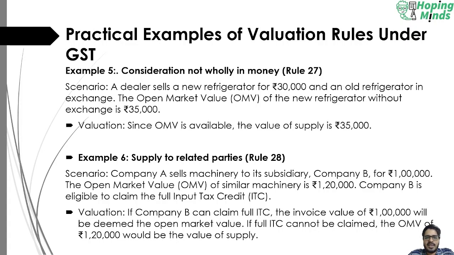Company B is eligible to claim the full input tax credit on such purchases. So the valuation: if Company B can claim full ITC, the invoice value of rupees 1 lakh will be deemed to be the open market value. If full ITC cannot be claimed, the open market value of rupees 1,20,000 would be the value of supply.